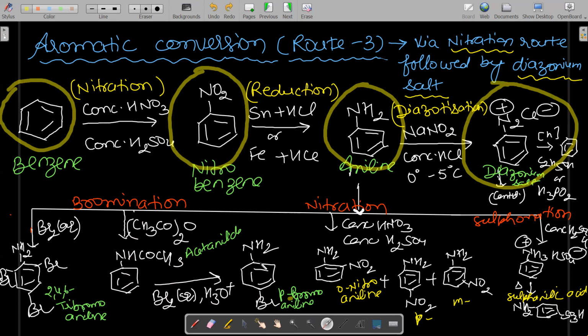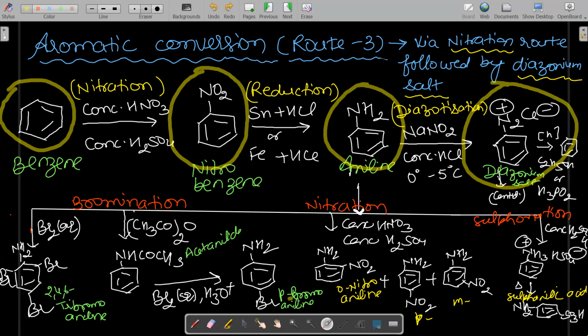So here you are using two types of reaction, acetylation and bromination. But for 2,4,6, only one step, that is bromination. You are thinking, why do we always get tribromo when aniline reacts with bromine? Why do we not get monobromo?